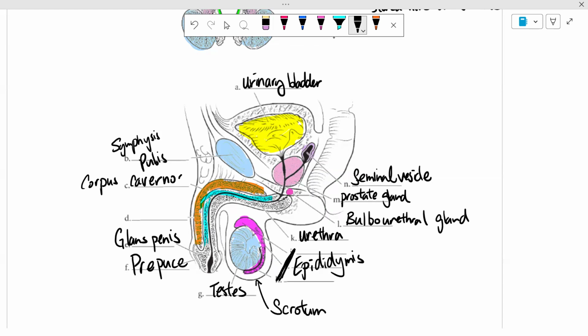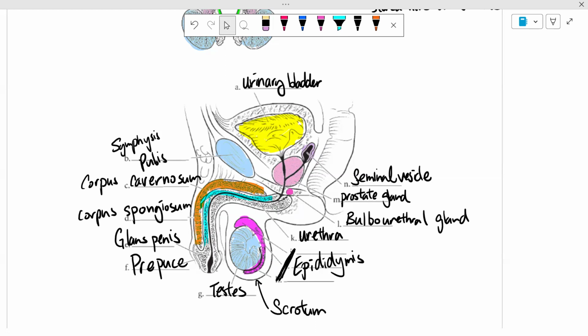Cavernosum. And then the other one is called the corpus spongiosum. Basically, they are tissue that has blood vessels in it, and that's responsible for the erection. That's all.